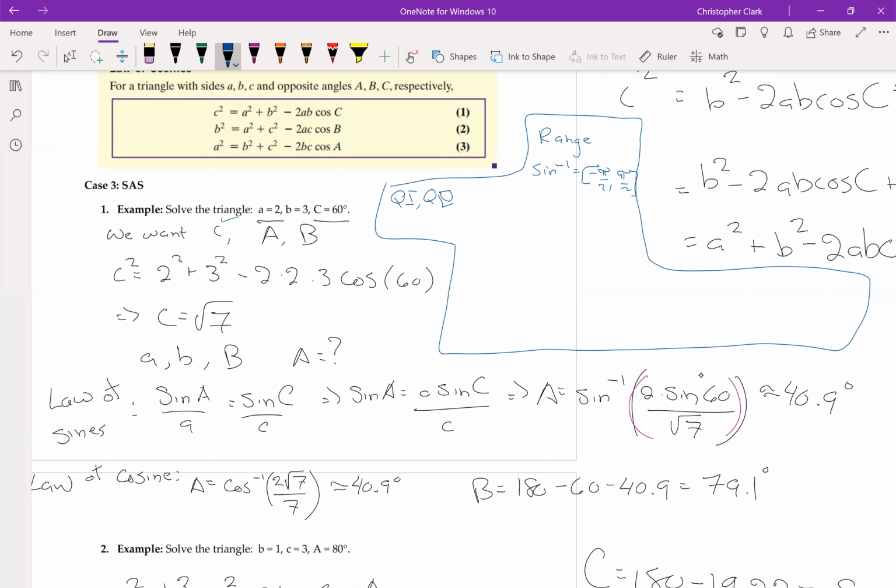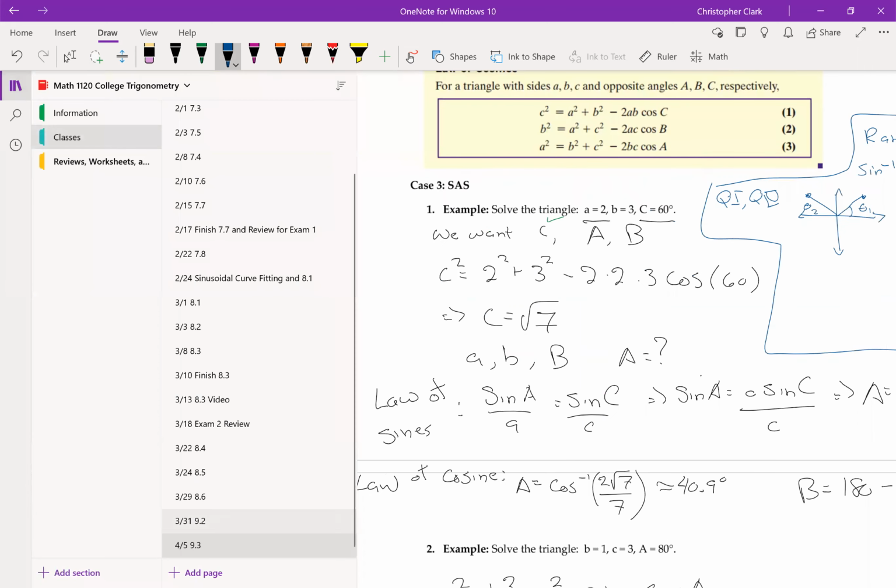The problem is that we know that on the unit circle, if sine hits any value here, it's going to hit the same value here. So this is our theta 1 and this is our theta 2, and our sine inverse didn't give us both. It only gave us this one, this 40.9.